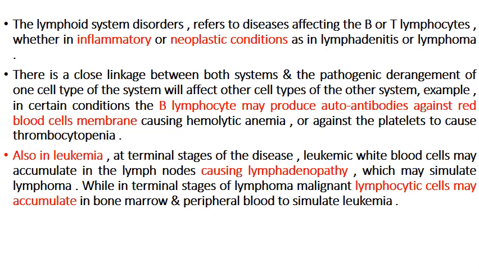While in lymphoma, it is a neoplastic condition. It is associated with neoplastic proliferation of lymphocytes inside the lymph nodes, and might also involve the spleen, the liver, or the bone marrow. All of these will be discussed thoroughly in the last lectures of the pathology in this system.